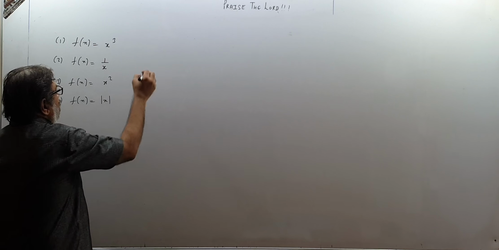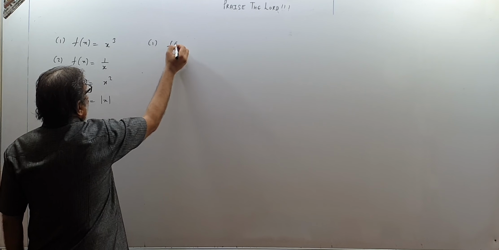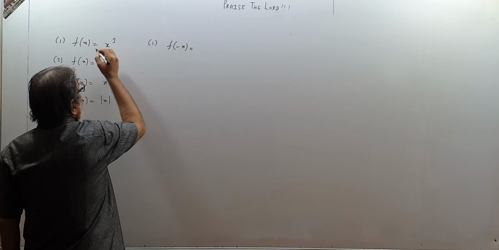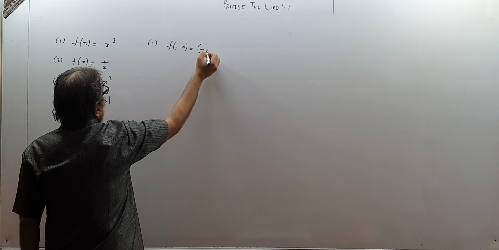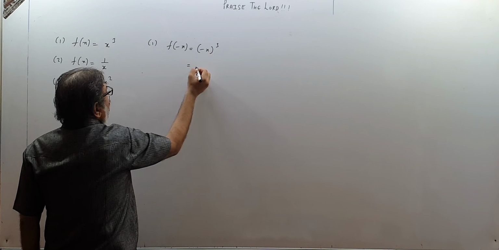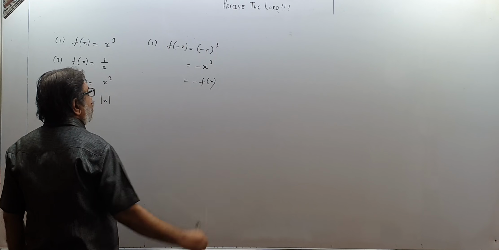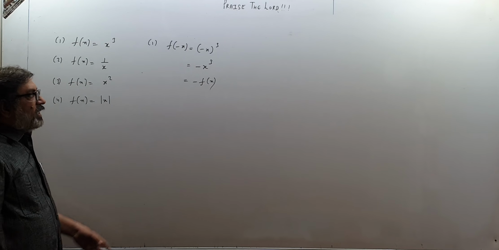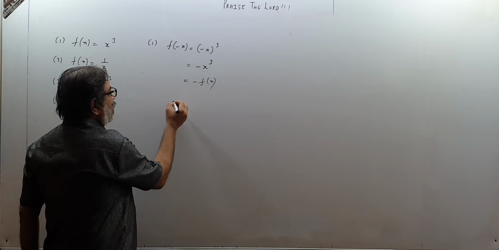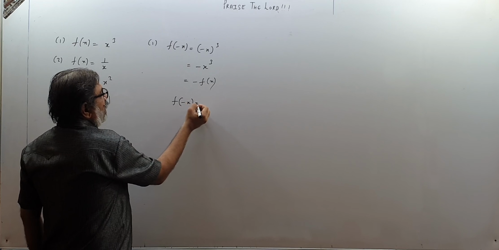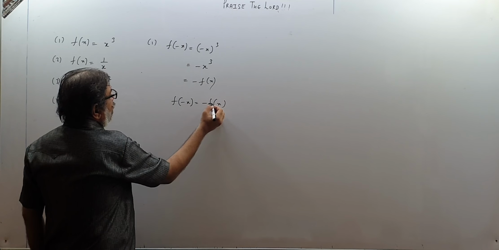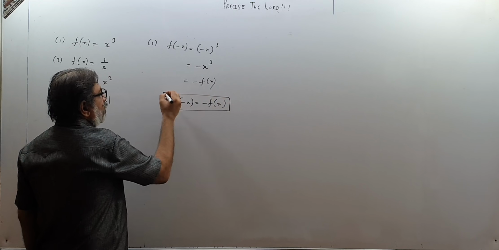So children, if you see question number 1, what will be f of minus x if f of x is this? This will be minus x cube and that will be minus f(x). So I find that f of minus x is equal to minus f(x). Note this point. F of minus x is minus f of x.